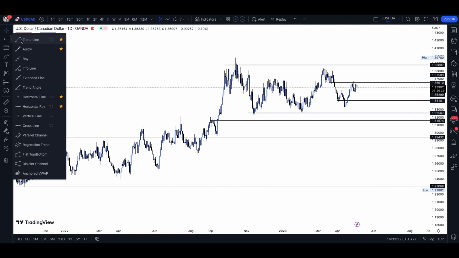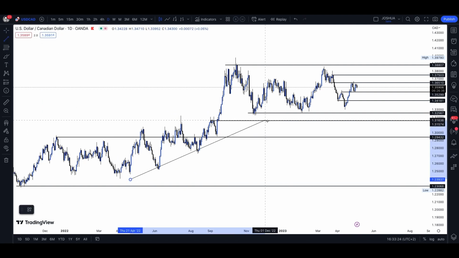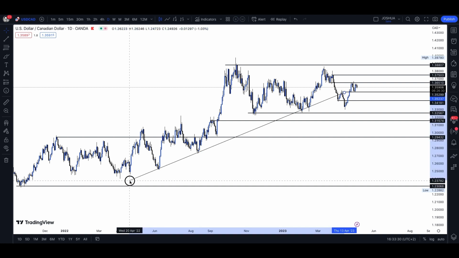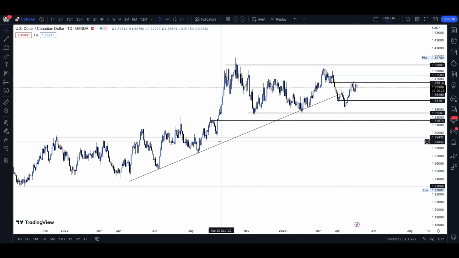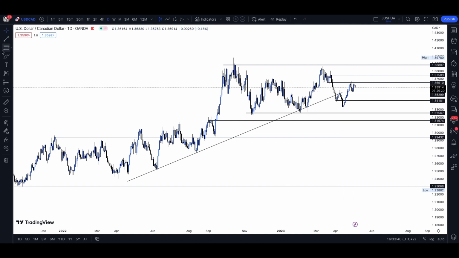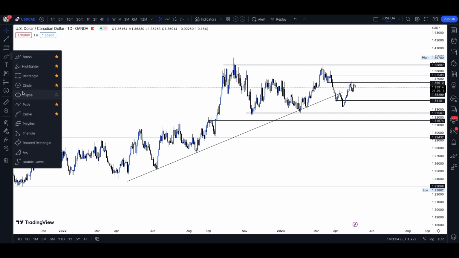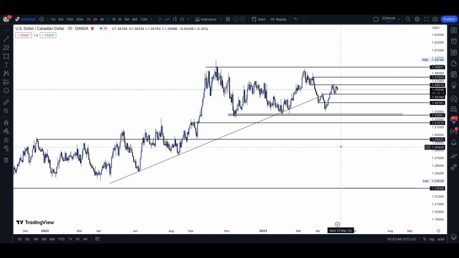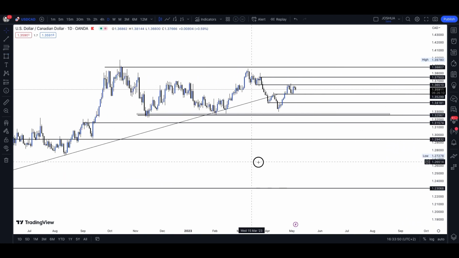When we connect using a trend line, you can see that we're having this here. The only time the market got below this point was after it broke below that level. You can see sellers jumped in with a massive sell at that particular point, making this area a sensitive zone. So this is on the daily time frame.